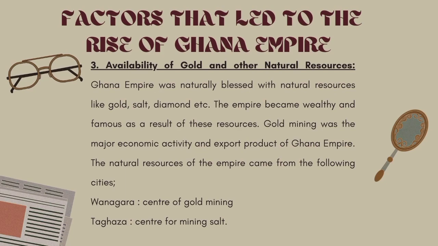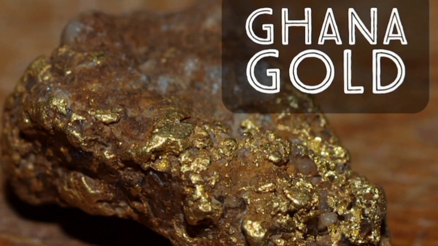In fact, the early Arabic scholars named the empire the land of gold. Gold mining was a major economic activity of this empire, and it didn't stop at that. This empire even exported gold to other places.